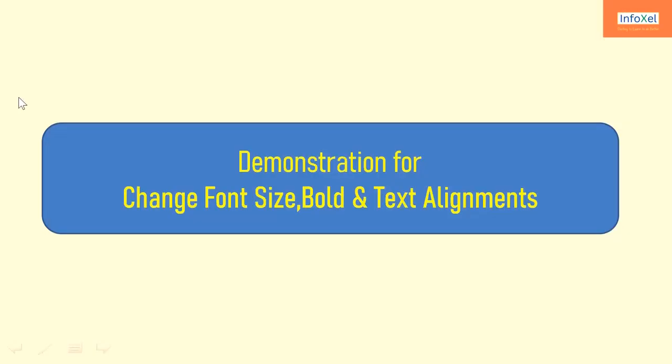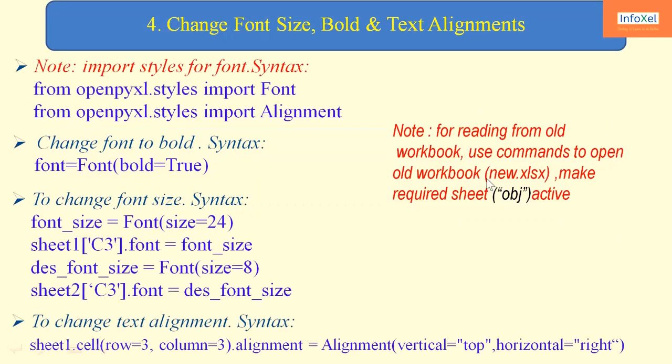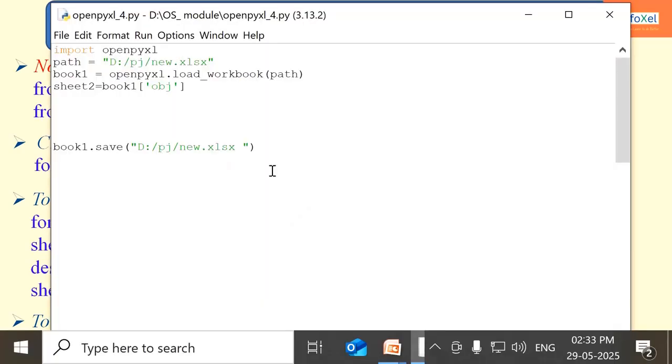So I'll mention here: use commands to open old workbook, new Excel file, obj, make obj active. So these two commands will do that. Open the existing workbook, that is new Excel file, and then make obj the active sheet.